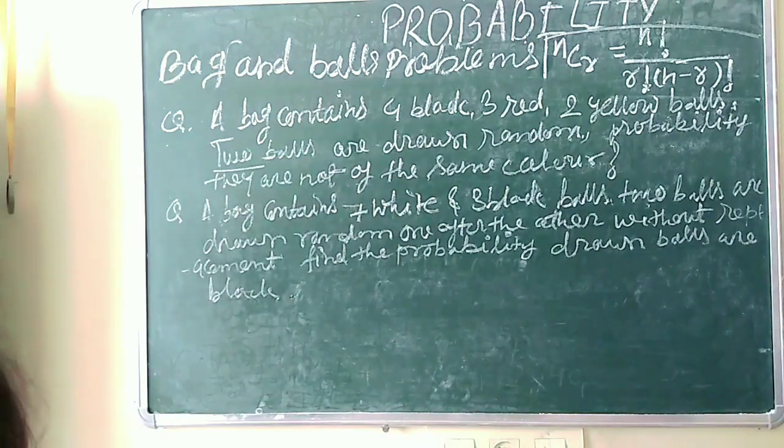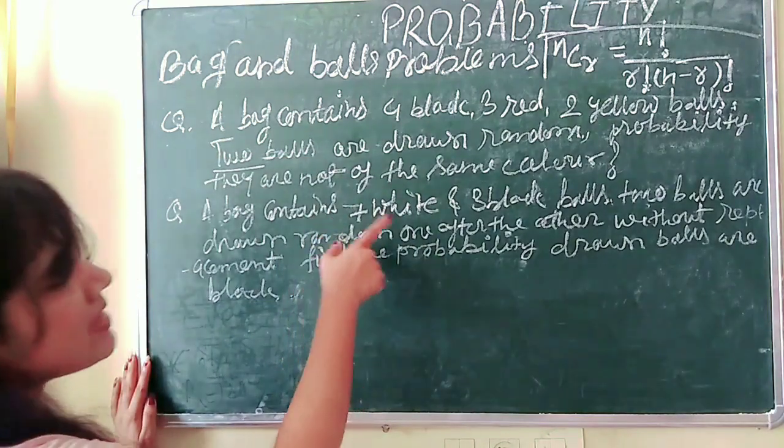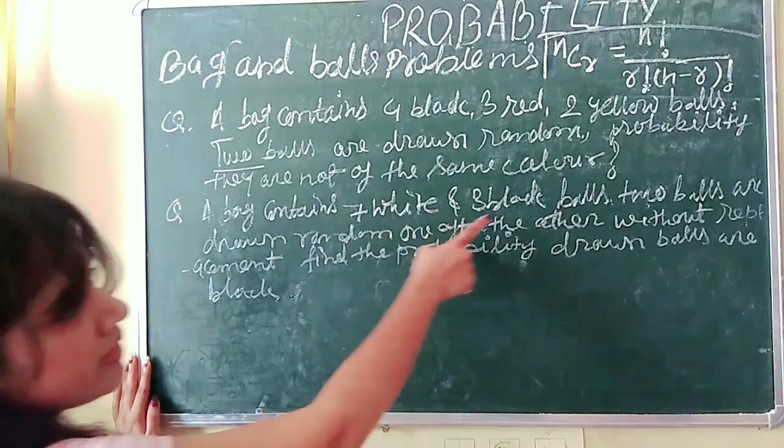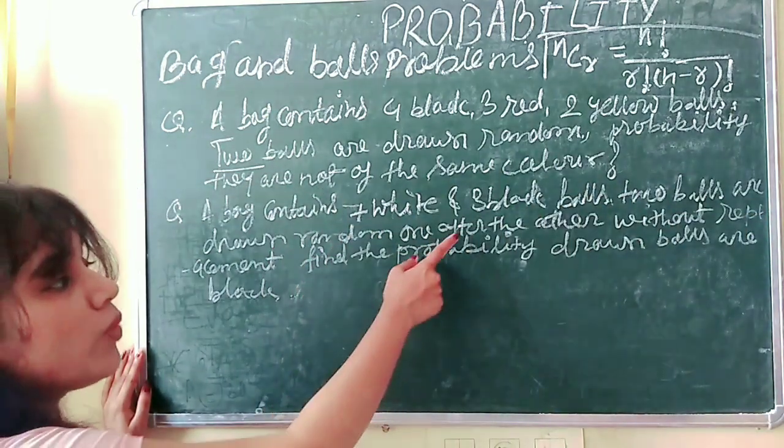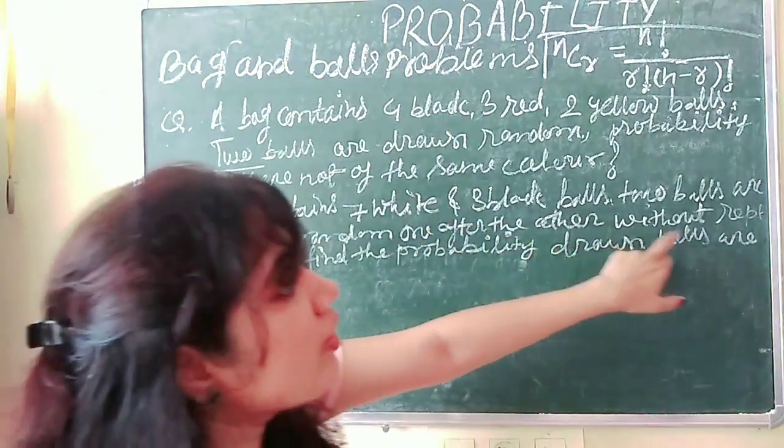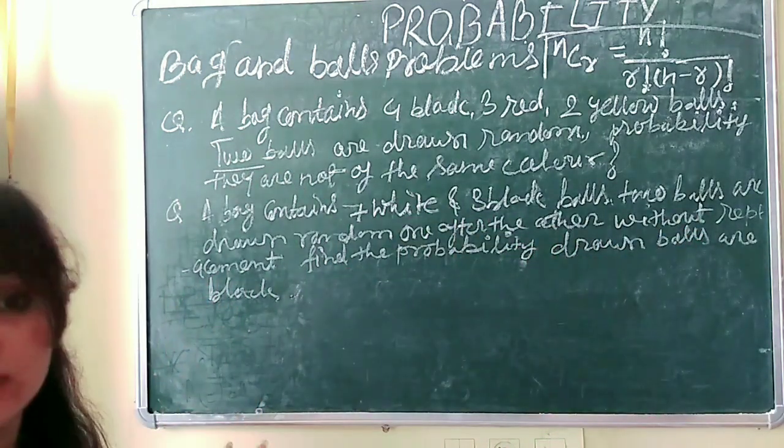Now the next question is: a bag contains 7 white balls and 3 black balls. 2 balls are drawn randomly, one after the other without replacement.